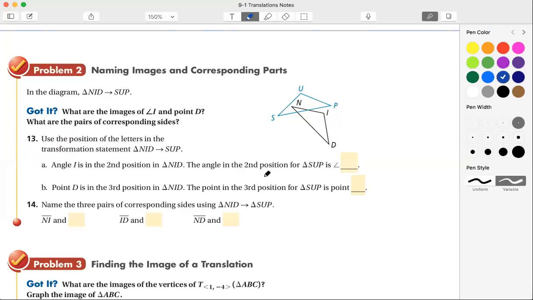The angle in the second position in triangle SUP is angle U. Point D is in the third position in triangle NID, so the point in the third position in SUP is point P. Name the 3 pairs of corresponding sides using this statement. Side NI and SU are corresponding, ID and UP are corresponding, and ND and SP are corresponding.